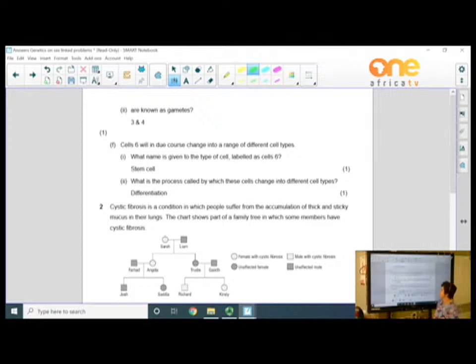Good. The gametes, we know, was the sperm and the egg, so it was 3 and 4. The cell 6 change into a range of different cell types. The name for this different cell types was stem cells. And when they change into many different kinds of cells, it is due to differentiation.